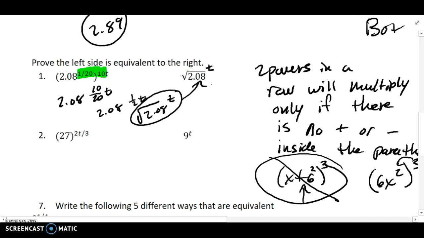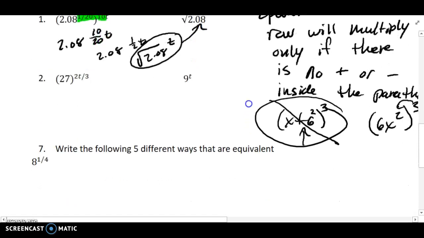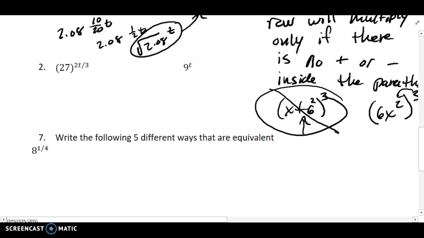And this is actually the specific standard. The standard states you can use these properties to prove something that is equal. So this hits the standard. 27, again, 2/3 is a root. So we have a third root of 27 with a squared t.